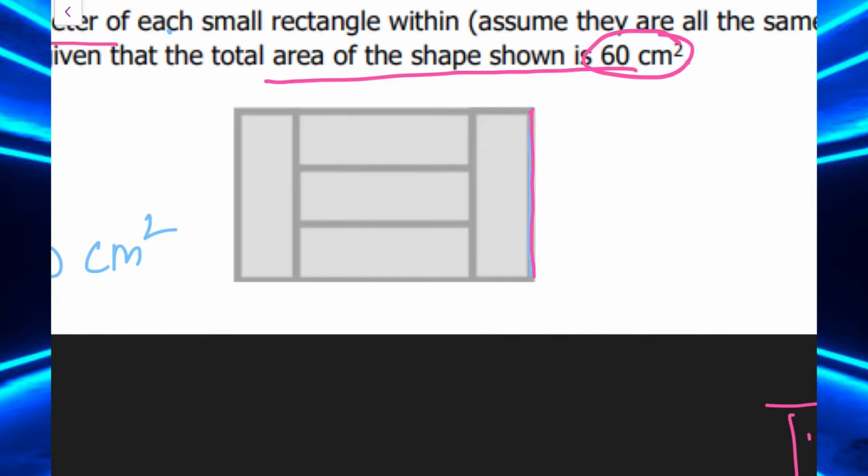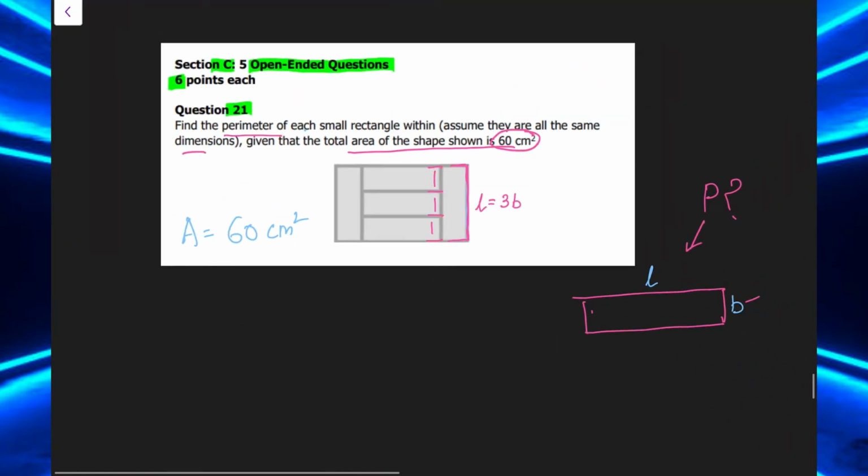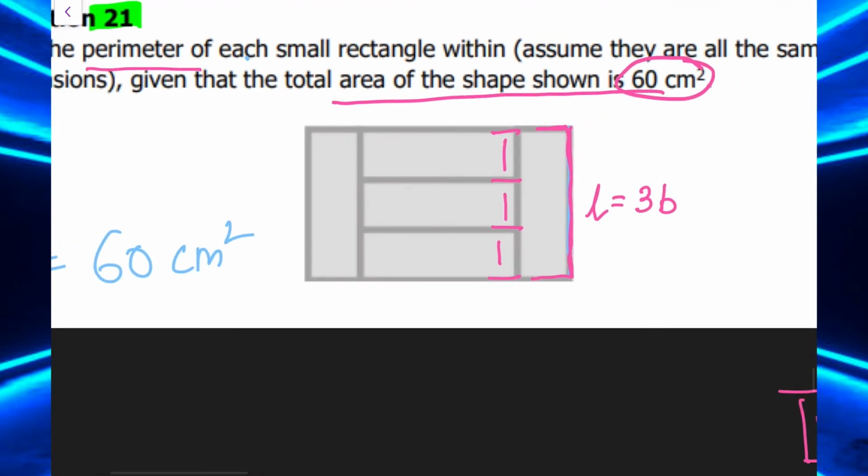Let me change to another color. If you focus on the rectangle here, this is our L. But this is the same as 3 widths joined together. We can say that the length equals 3 times the width, 3 times the breadth.